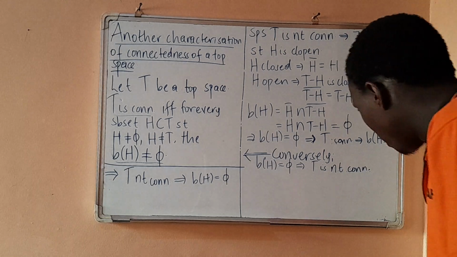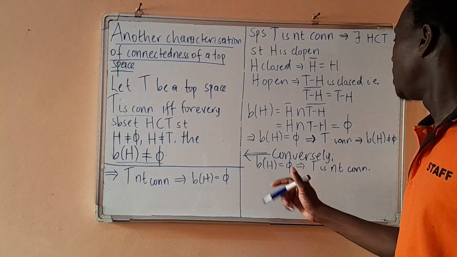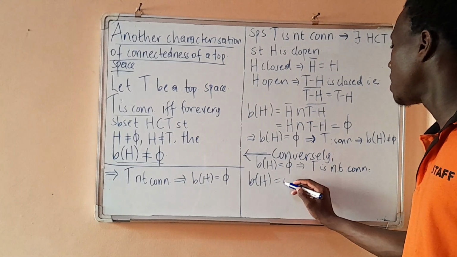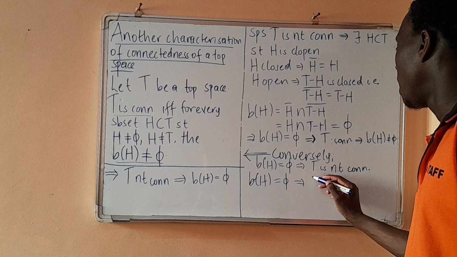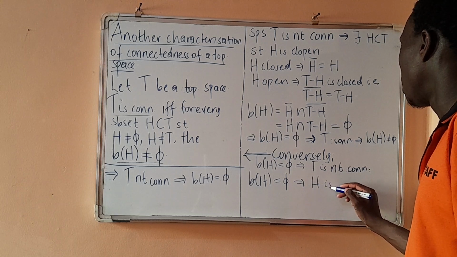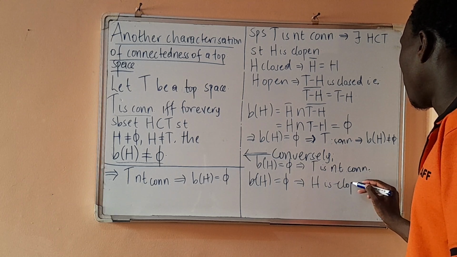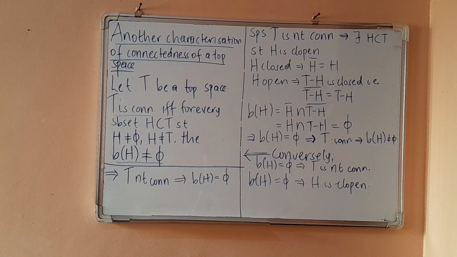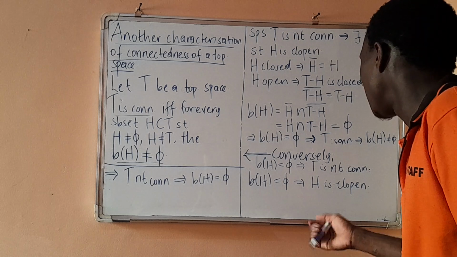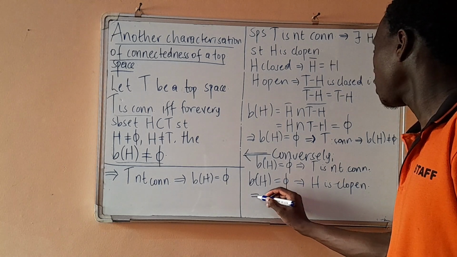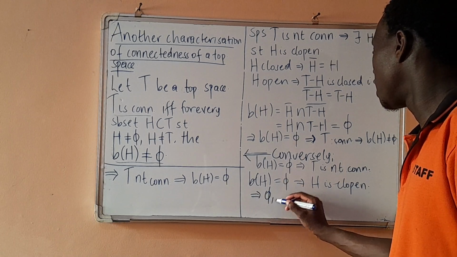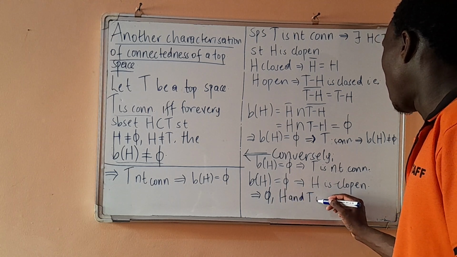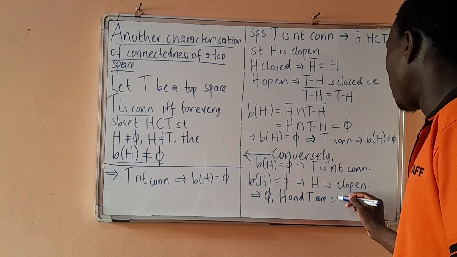So the boundary of H being an empty set, this implies that H is closed and open. H is closed and open, so this implies that the empty set, H and T are open.